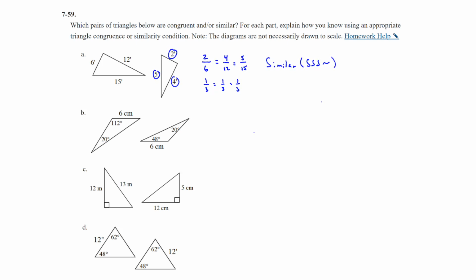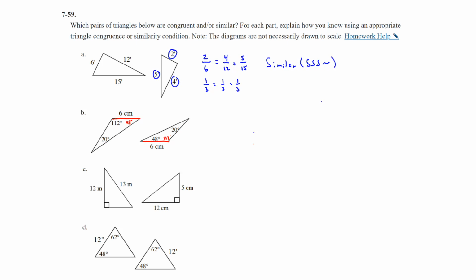We have two triangles. Both have 6 centimeters as a side length. A couple different angles. Let's go ahead and find the third angle. The third angle on the first triangle would be 48 degrees, and the third angle on the second triangle would be 112 degrees. We do know that this side between 112 and 48 degrees on both triangles is both 6.